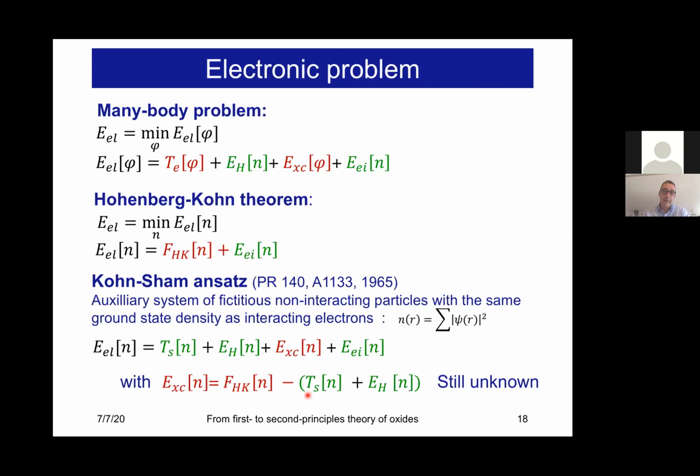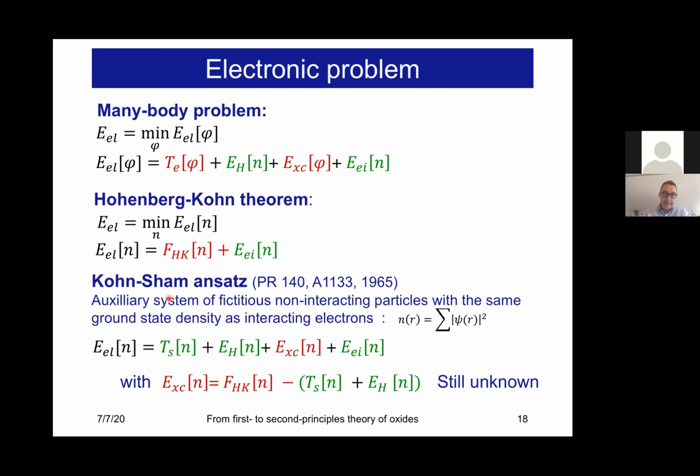And the answer came one year later in the famous paper of Kohn and Sham, published in '65, where they proposed to use an auxiliary system of fictitious non-interacting particles that is built in order to produce the same ground state density as the interacting electrons.